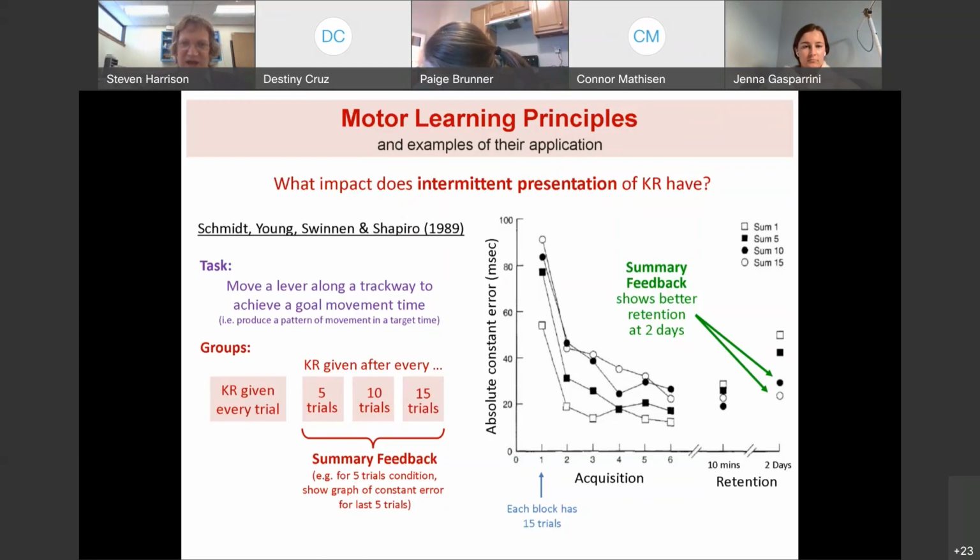And the interesting thing that's starkly apparent is that if you look at the acquisition stage, these two types of summary feedback are the top two lines, which means that during acquisition, they actually performed the worst. But it's only when you get to 2 days later and look at the consequences of this training that you see the benefit of arranging training this way.